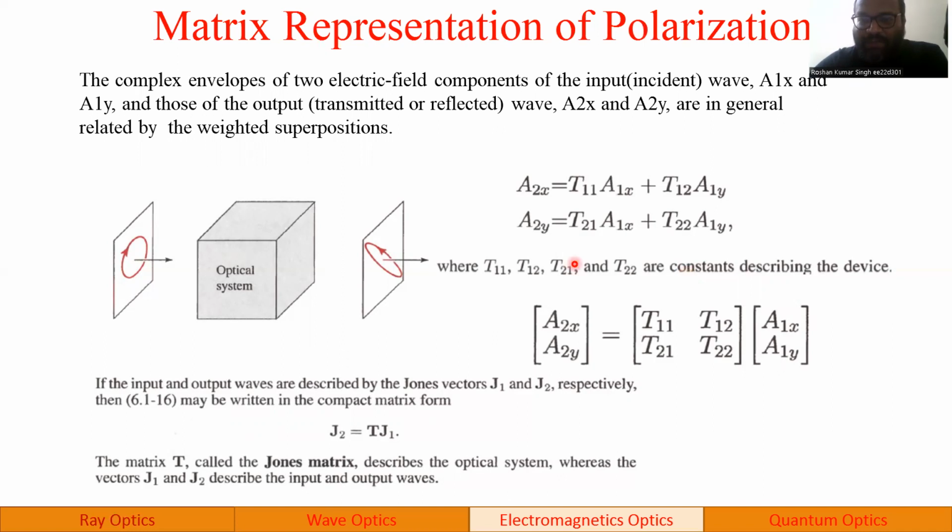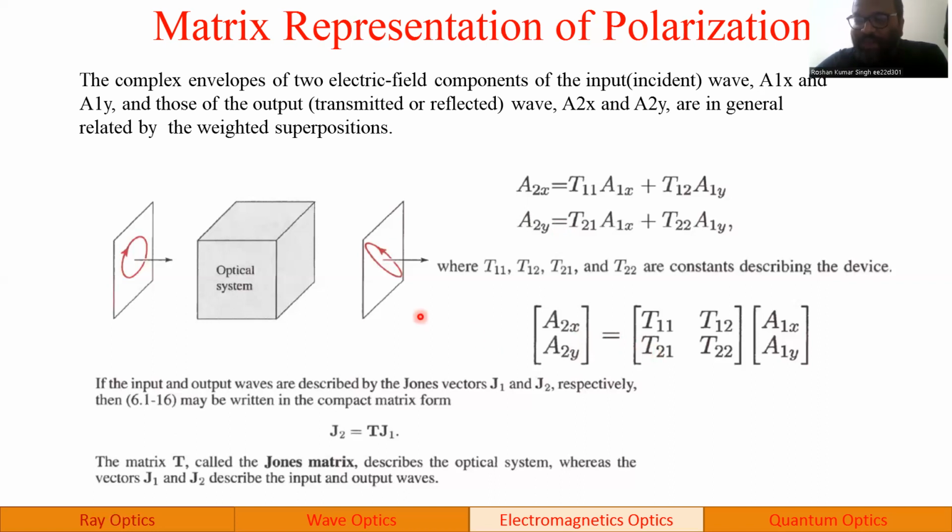Since the polarization is a vector, and it can be expressed in terms of its vector components, the output polarization can be expressed in terms of the input polarization. Similar to the transfer matrix, we express it as a linear equation and get a matrix which is called the Jones matrix, which relates the input polarization to the output polarization.